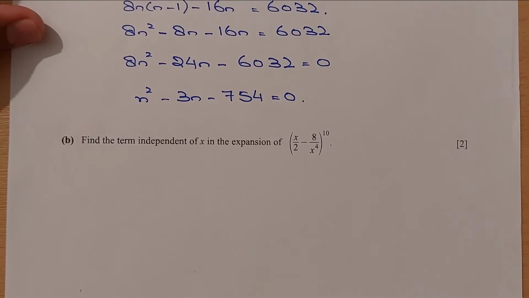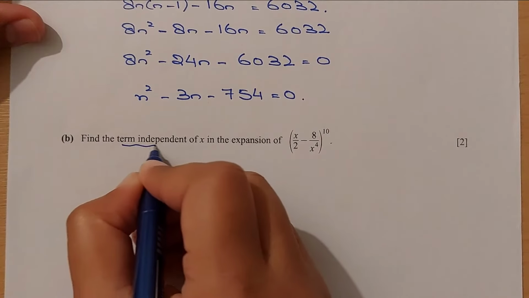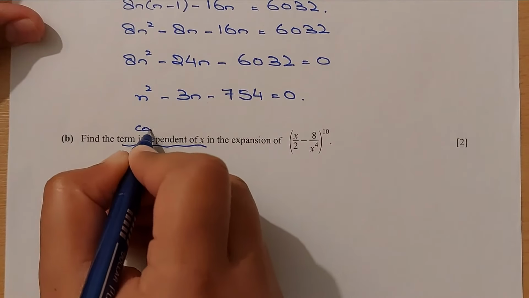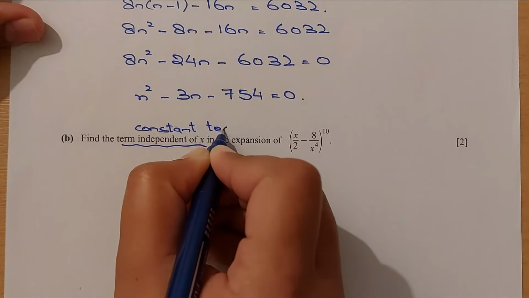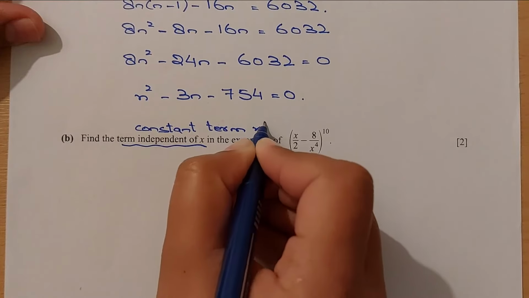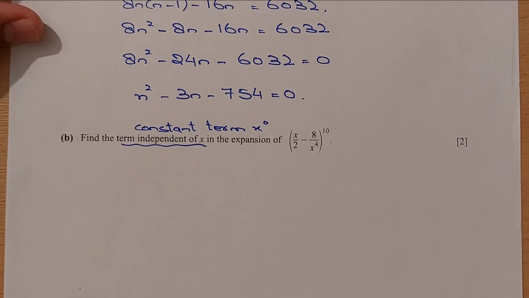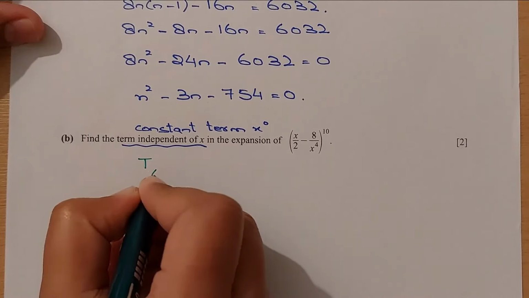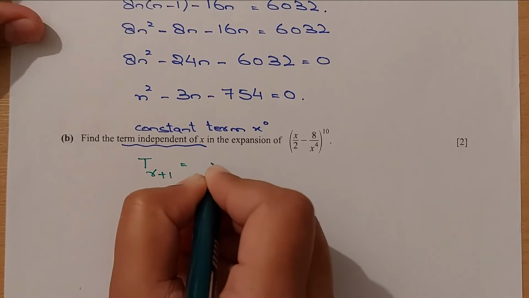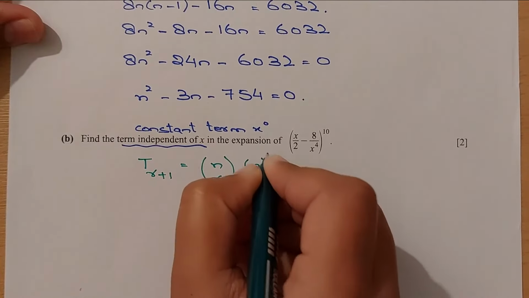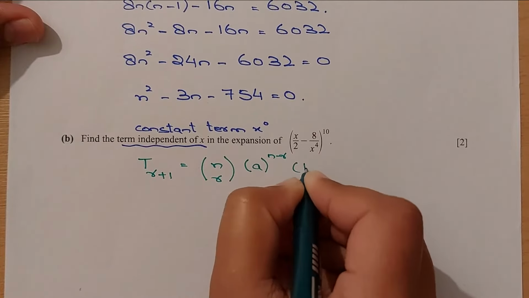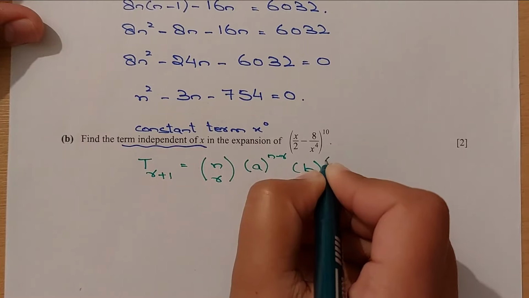Now for the b part, find the term independent of x in the expansion of this. Independent of x is basically the constant term. The term having x exponent is 0, right? Okay, so we have the formula for the term, that is T(r plus 1) equals nCr, the first term power n minus r and the second term power r, right?